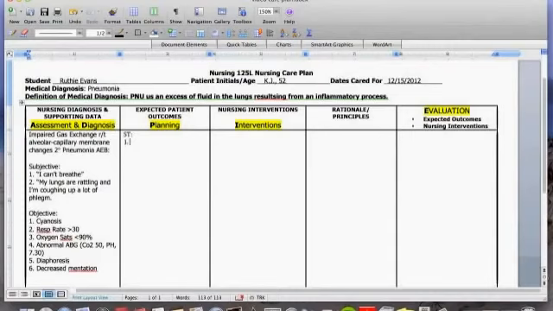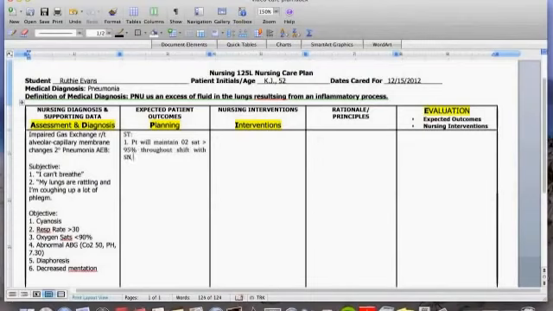So first of all, the most important thing is that I want this patient to maintain an oxygen saturation, maybe let's say above 95% throughout my care with her today, or throughout my shift.